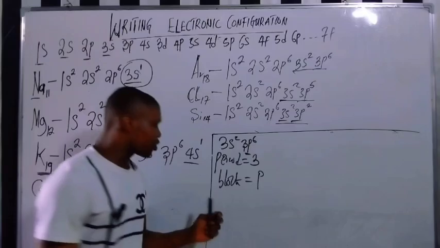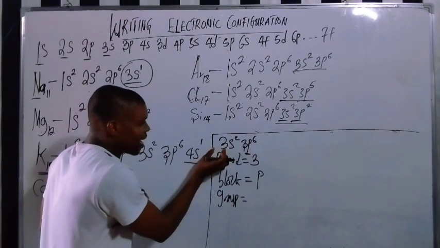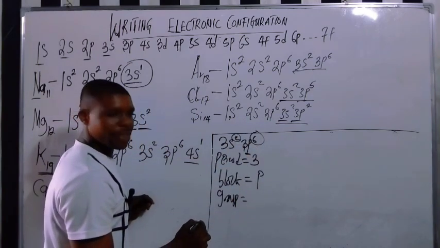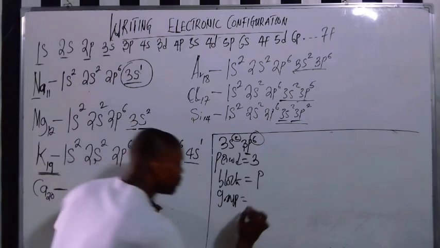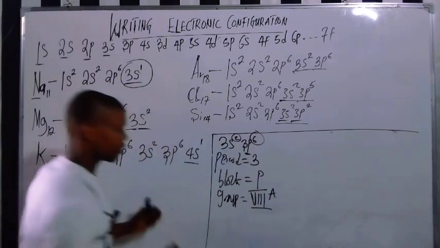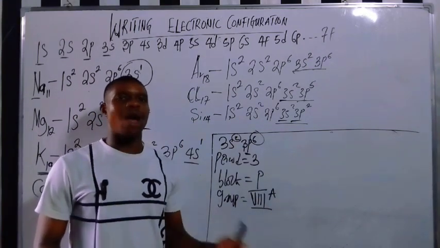Now then my group. Whenever I have 3s, 3p here, I sum their numbers. So it's 2 plus 6, going to be 8. So it's going to be group 8A. Now I know that some of you will be asking, why am I putting A?